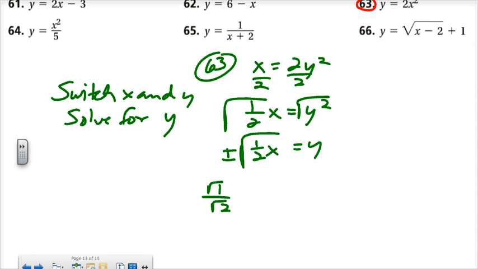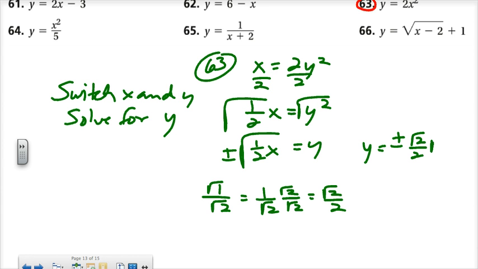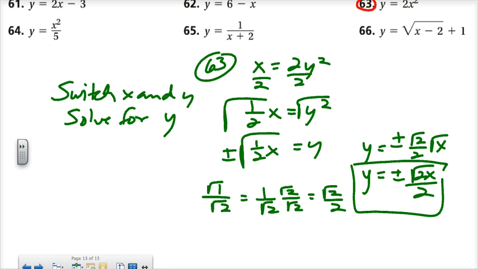So obviously that's going to be 1 over the square root of 2, and we would multiply by the square root of 2 on the top and the bottom and get the square root of 2 over 2. So this will be plus or minus square root of 2 over 2 square roots of x, which would just be plus or minus the square root of 2x over 2. That's really how far we should take it.